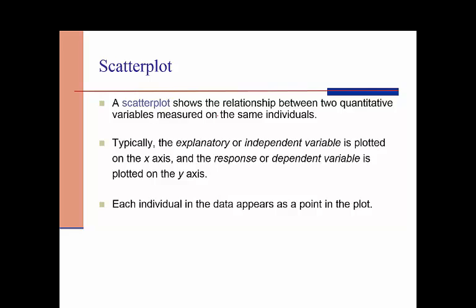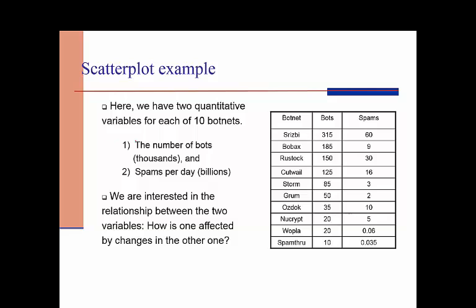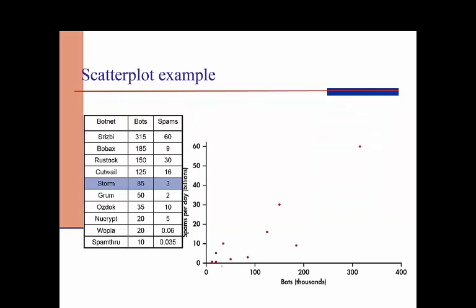And a scatter plot shows the relationship between y and x. Okay, for example, you're looking at number of bots that were out on the internet at a certain period in time and the number of spams that went out based on those bots. And you think there is a relationship because bots are sending out lots of spams. Okay, if you look at it, this is what the data set looks like when you plot it.